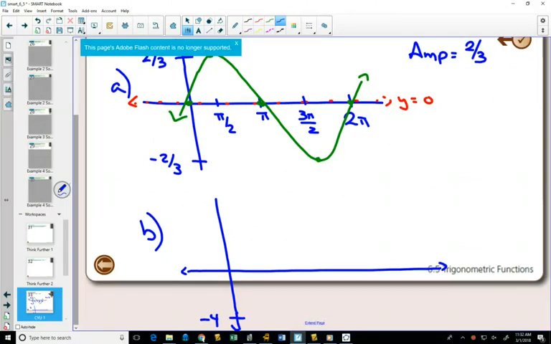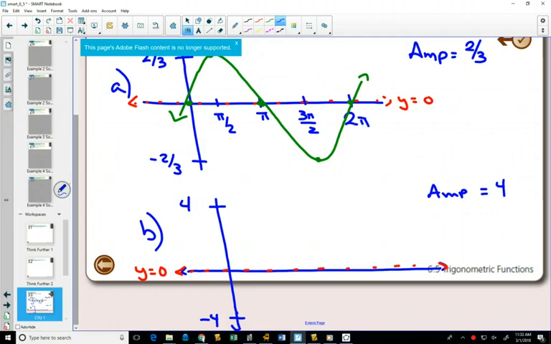And if our minimum was negative 1 and we multiply that by negative 4, we'll get a maximum of 4. And so our amplitude, because our center line is still at 0, is going to be 4.